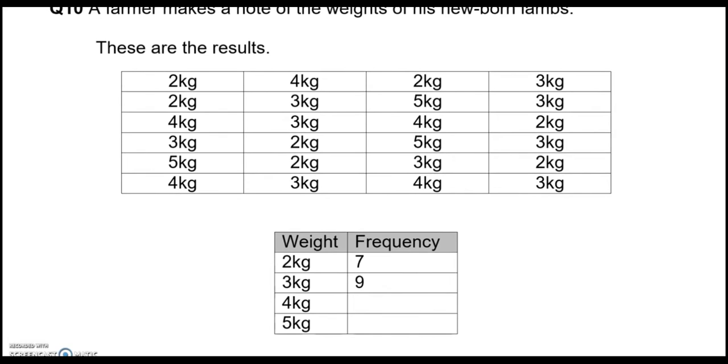So weight 2 kilograms, there are 7 of them. 3 kilograms, 9 of them. 4 kilograms, then we have 1, 2, 3, 4, 5. 5 kilograms, we've got 1, 2, 3, just 3 of them.